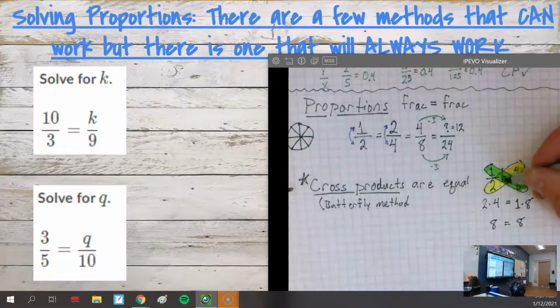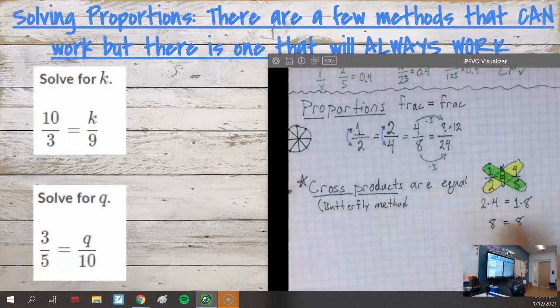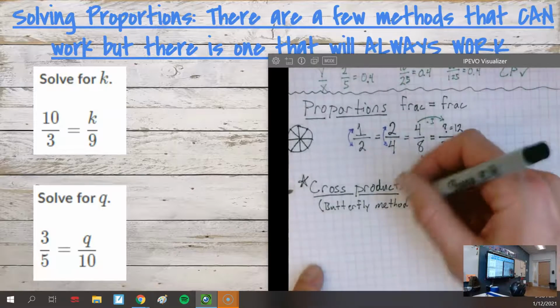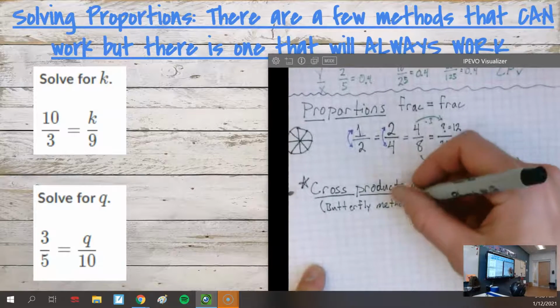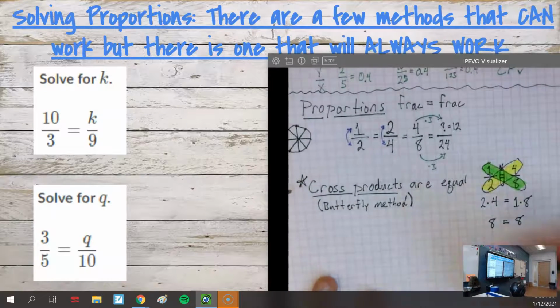Because if I make the little body, and I give it some antenna, cute little face, it's a happy butterfly. Yeah, so if that helps, it's sometimes called the butterfly method. Now we will come back to our cross products when we need to use that.